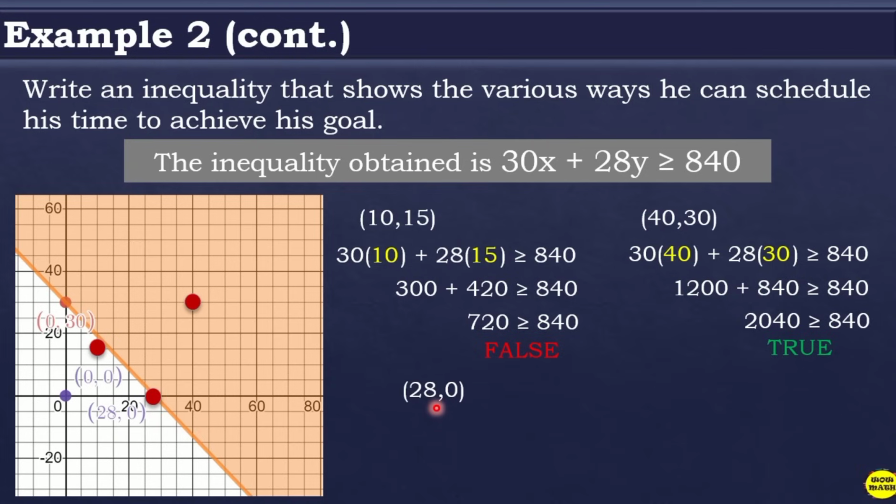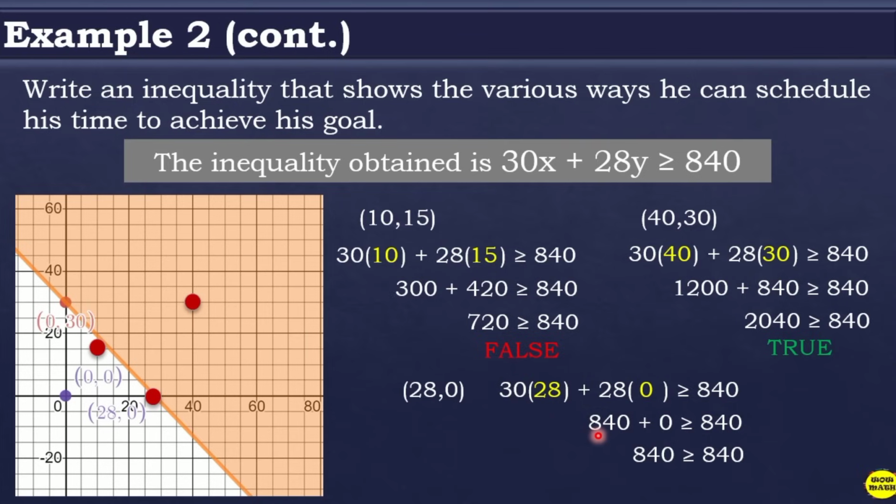So, 28, 0, let's see. Substitute natin si 28 at si 0. So, 30 times 28, that is 840. So, is 840 greater than or equal to 840? Yes, this is true. Why? Hindi man siya greater than, pero since ang ating inequality ay may equal, it can be equal to. So, this is true. Okay?